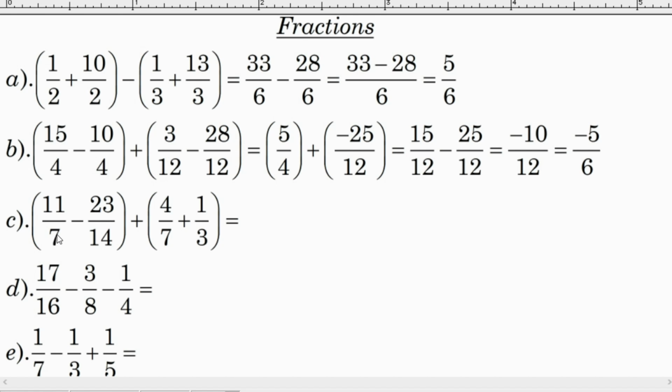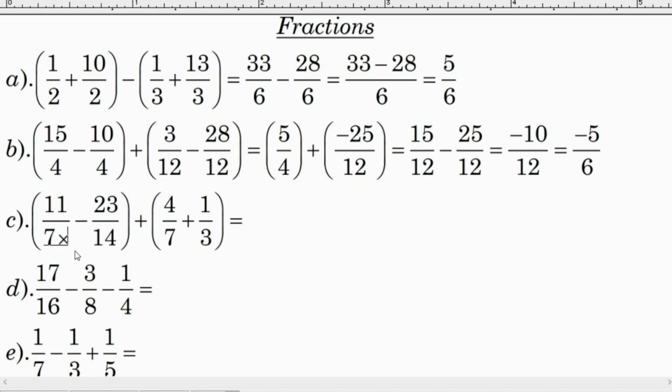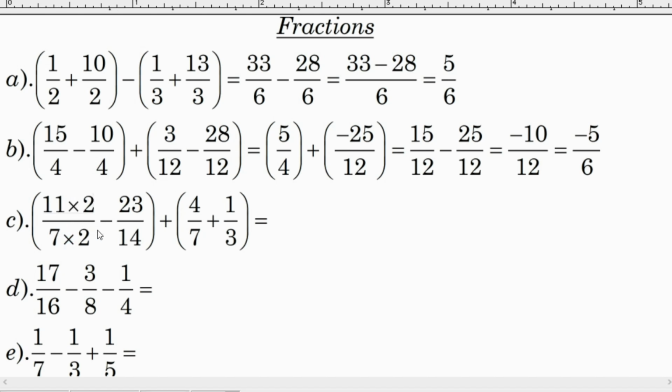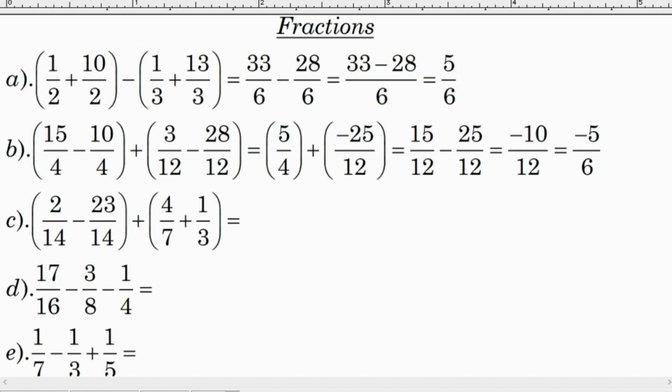So 7 can multiply with 2, which is equal to 14. Okay, so then we also multiply 11 with 2. So here is equal to 14 as well, and then here is equal to 22, right?